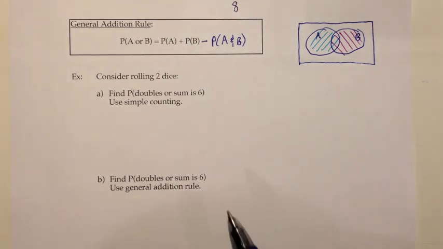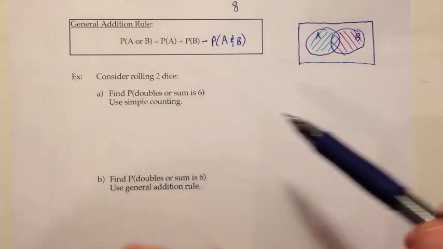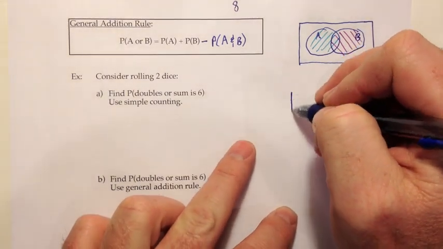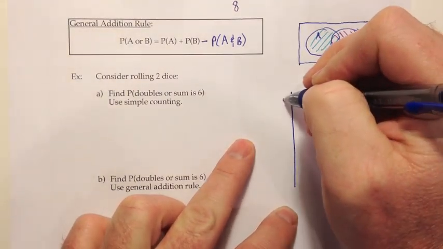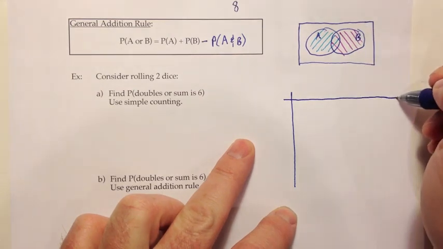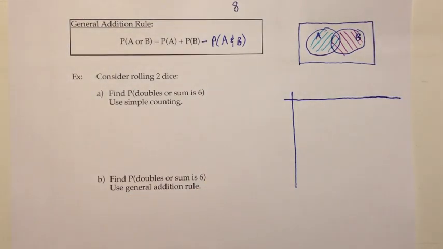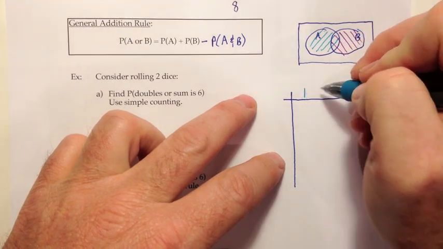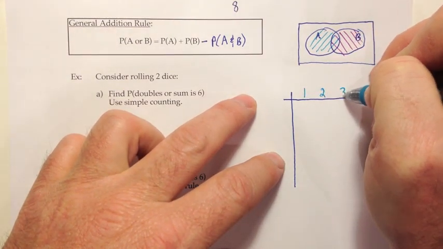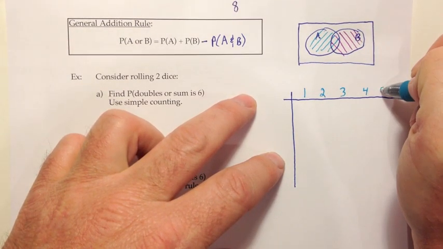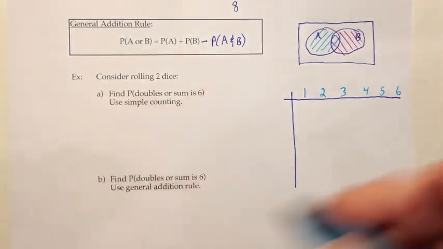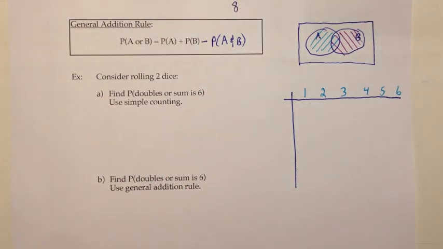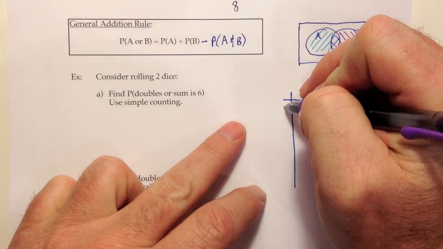When I'm looking at this experiment of rolling 2 dice, it's always a little easier to work that out if I can make a chart and list all the possibilities. So I'm going to start off doing that. Not that we need to think about the 2 separate dice that much on this one, but I'm going to go ahead and show those as separate colors so we can imagine that we have one die that's teal and another die that's purple.